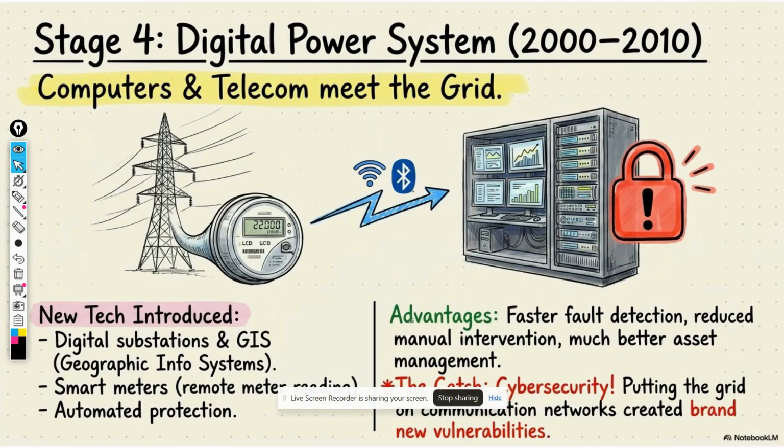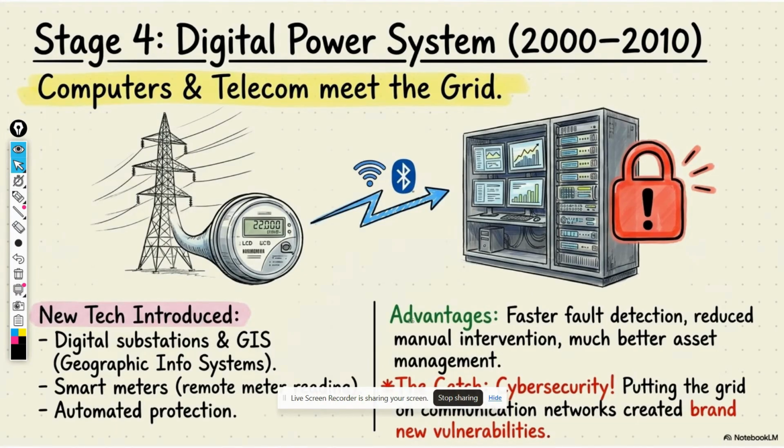So now we will talk about this digital power system, stage 4. This stage existed approximately from the year 2000 to 2010. So students, the beginning of the 21st century brought tremendous advancement in computers, digital electronics, communication technology and the internet.